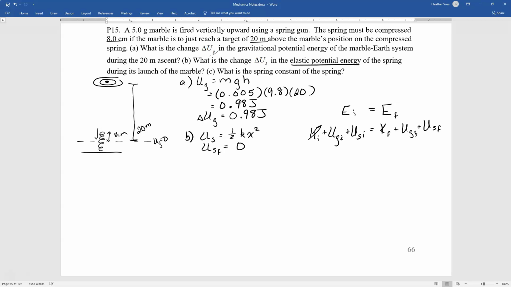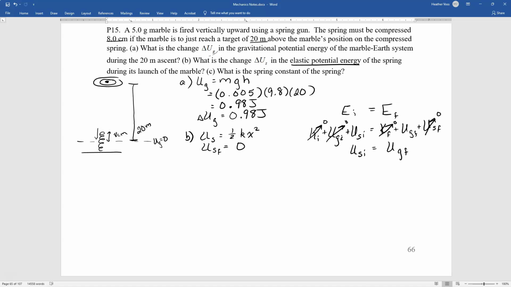So I know at the bottom we're at rest when we start the launch, at the top we're at rest when we hit the target. Gravitational at the bottom, 0. When we're up at the target, the spring is 0. So what that tells me is that the potential energy we start with is going to equal the potential due to gravity that we end with.